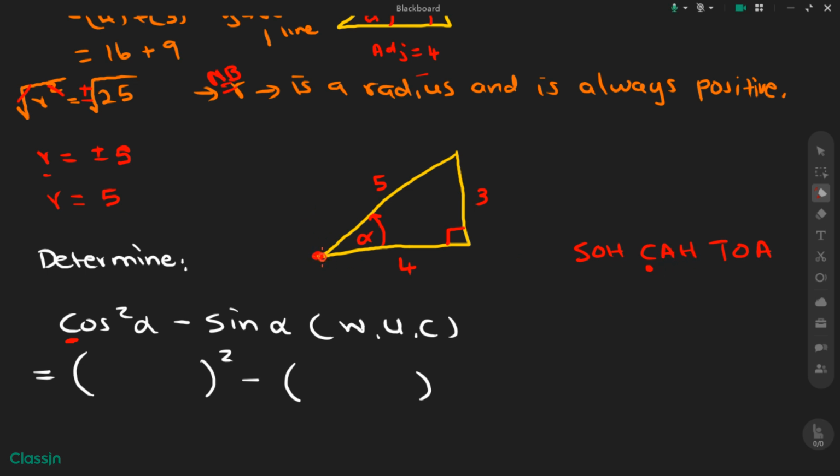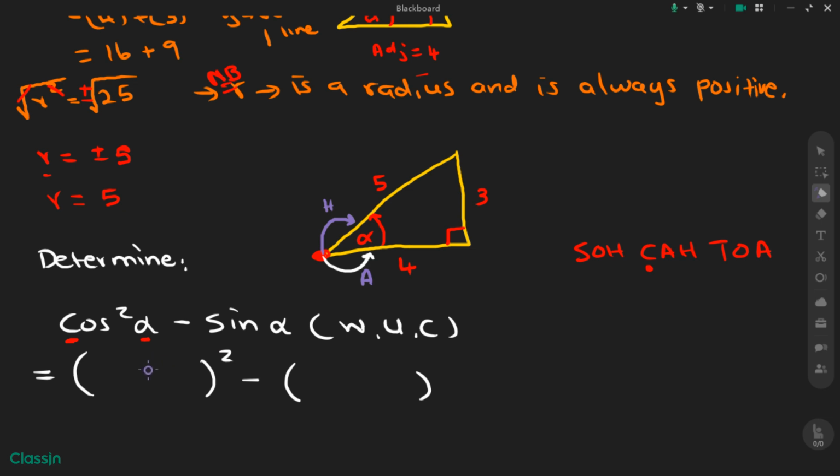So when you are positioning yourself next to the angle alpha, if you put yourself on the angle of alpha, this is your adjacent side, and this one is your hypotenuse side, because it's cos, adjacent over hypotenuse.